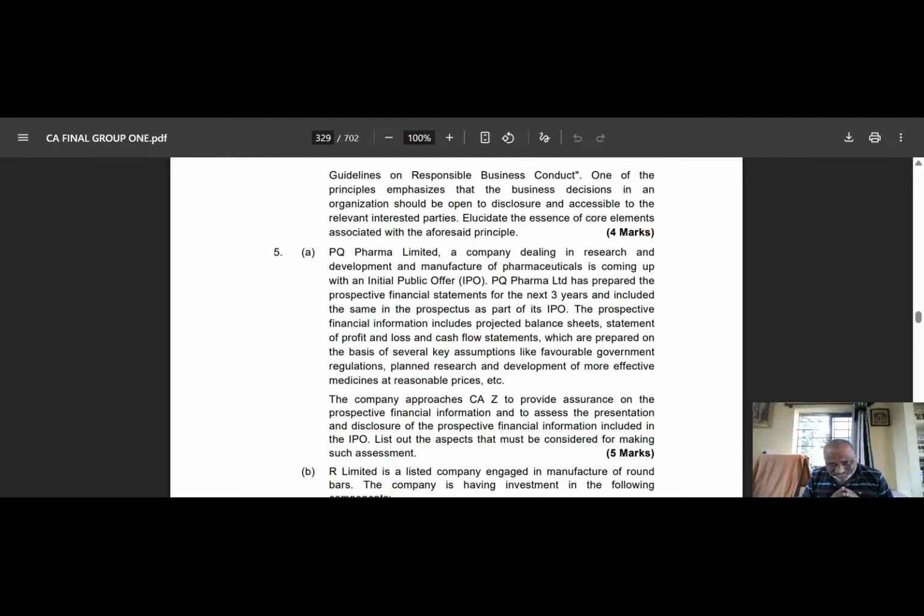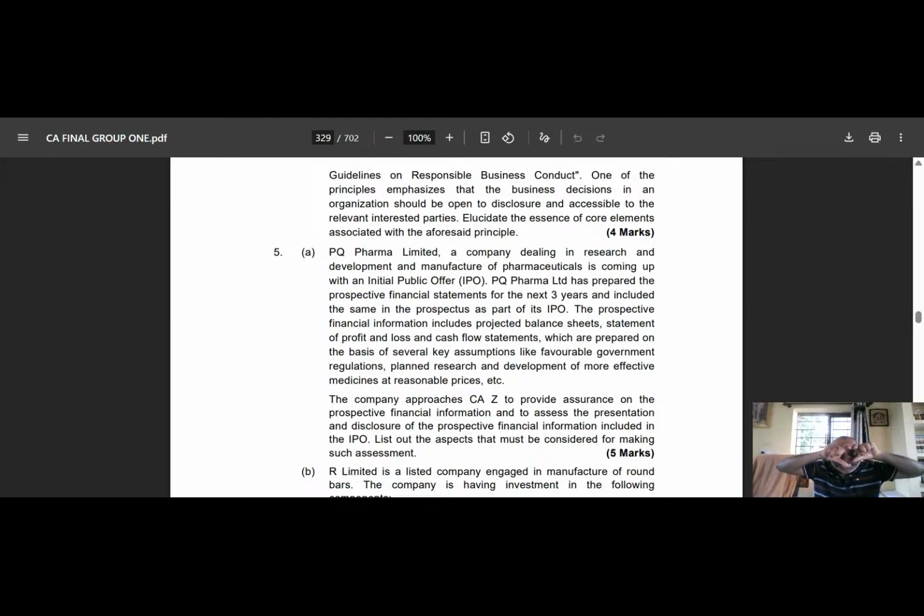The basis of establishing points in a range is clearly indicated, and the range is not selected in a biased or misleading manner, when results shown in the prospective financial information are expressed in terms of a range.